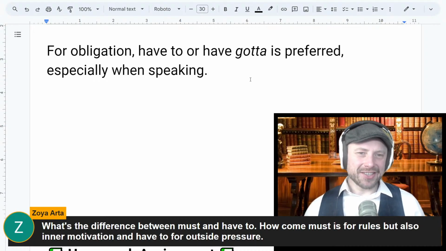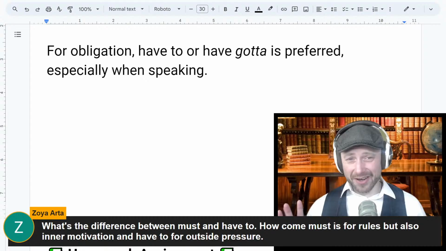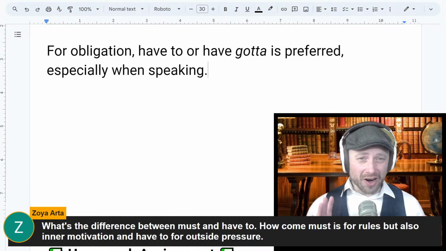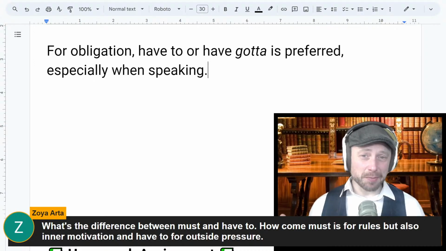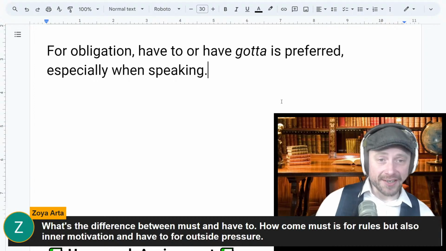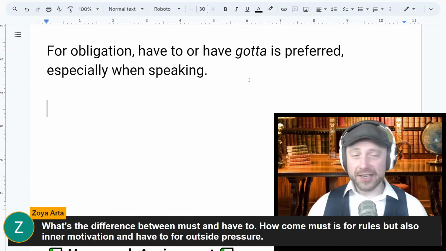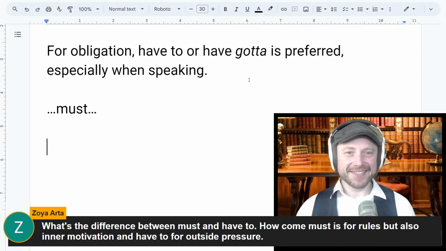But actually, linguistic studies show us that people don't always or even often make those distinctions. In fact, they just use must and have to interchangeably. But have to is more common for obligation. For deduction and speculation, must is more common.